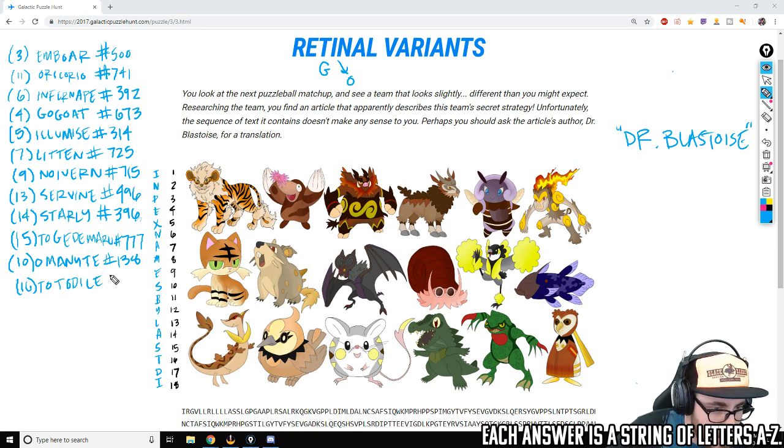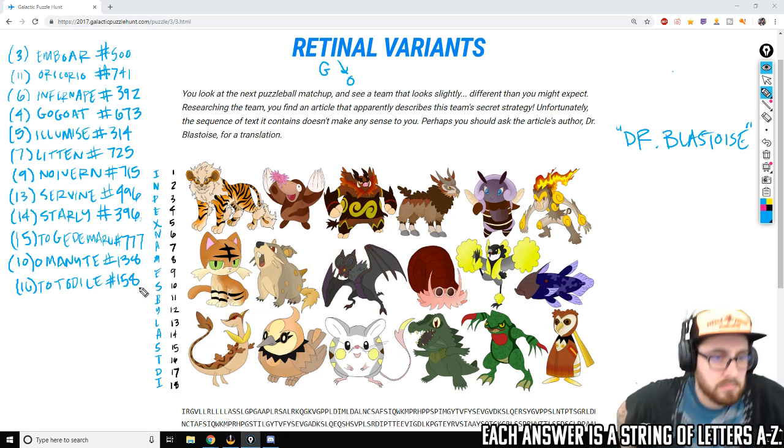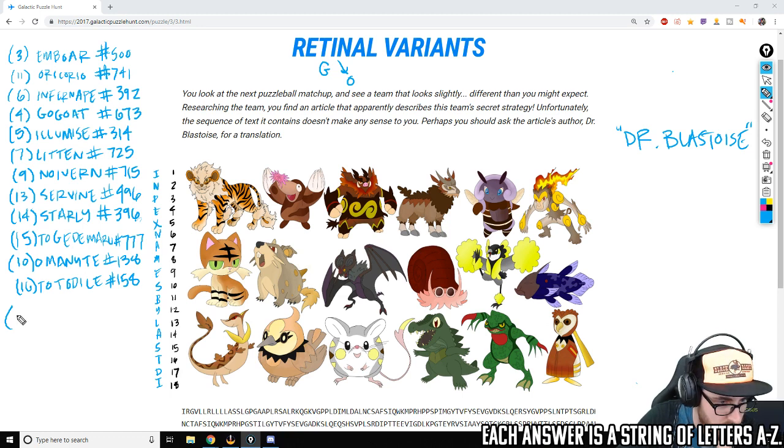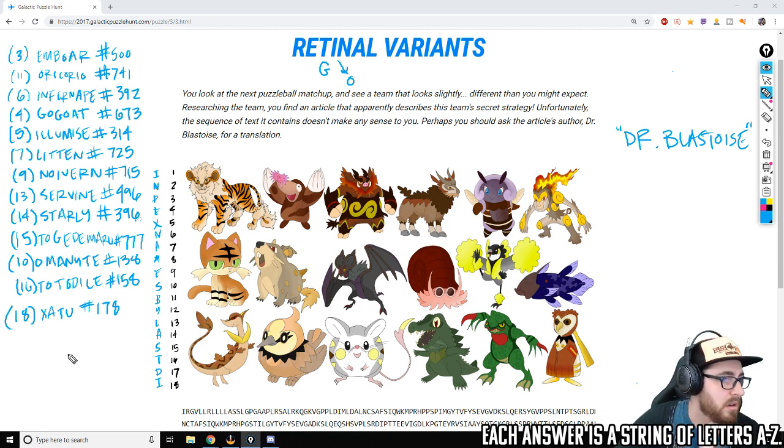Totodile 158. And then we have Zatu, 178.